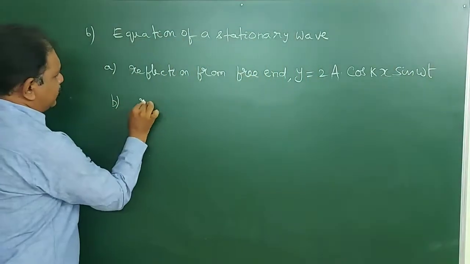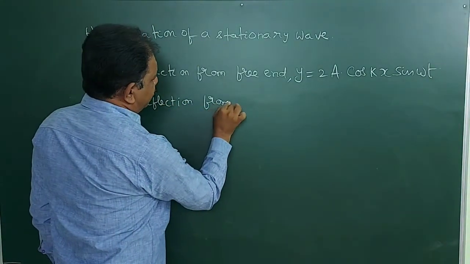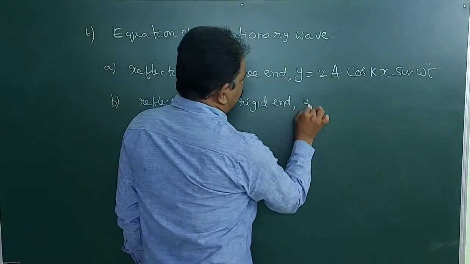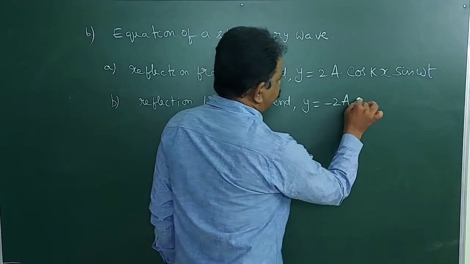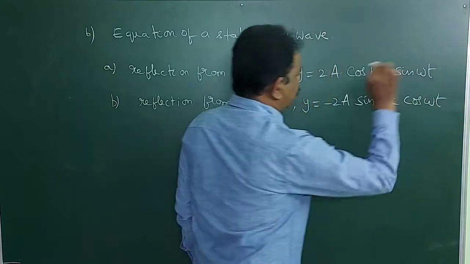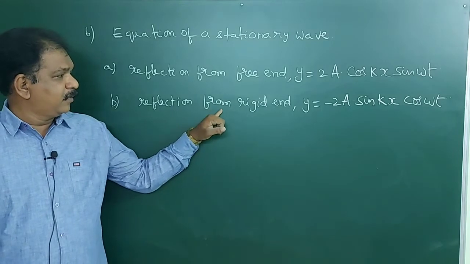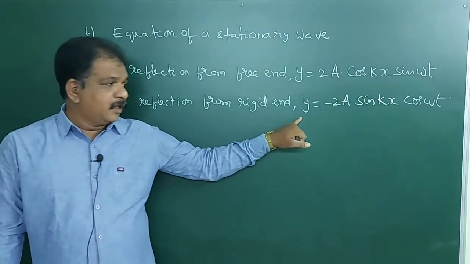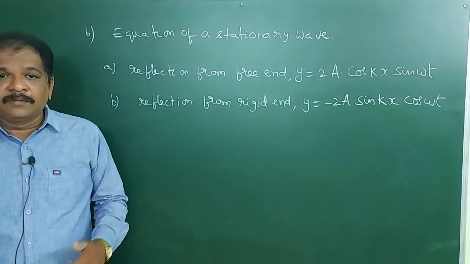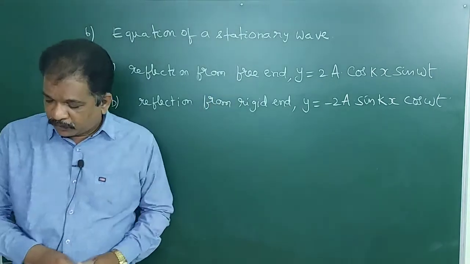If the wave is reflected from rigid end, y = −2A sin(kx) cos(ωt). If the waves are reflected from a rigid end, the stationary wave general equation will be this one. If it is reflected from the open end, this is the free end or open end, this is the formula.